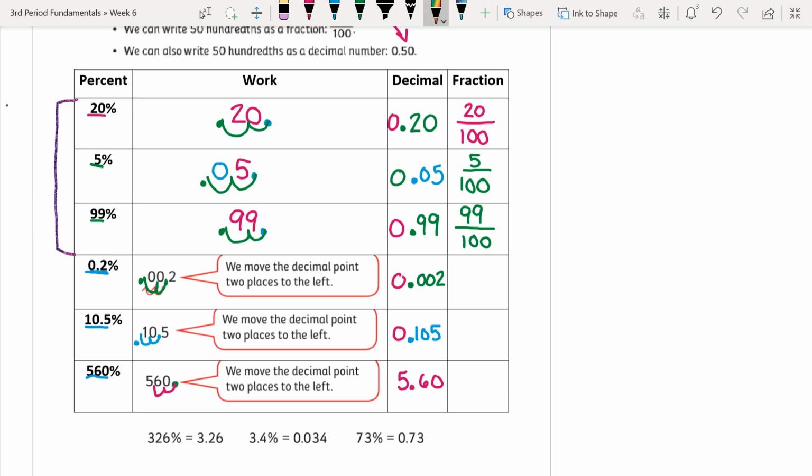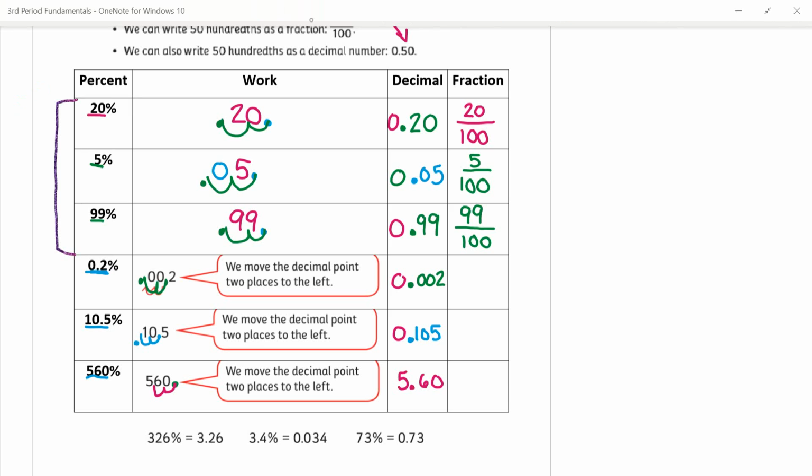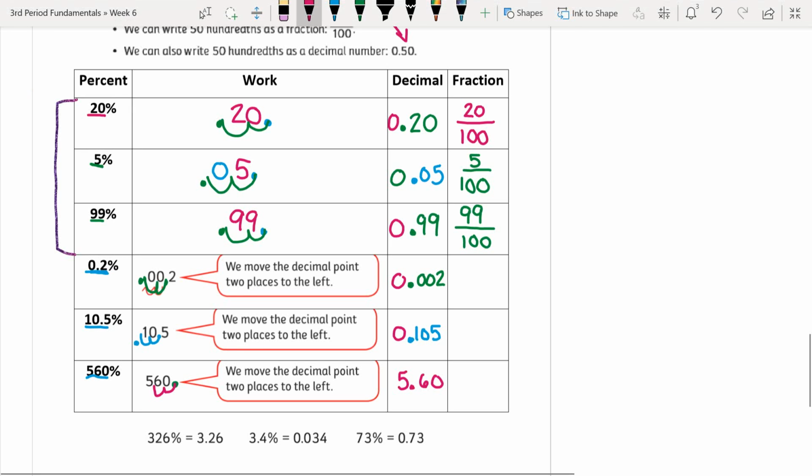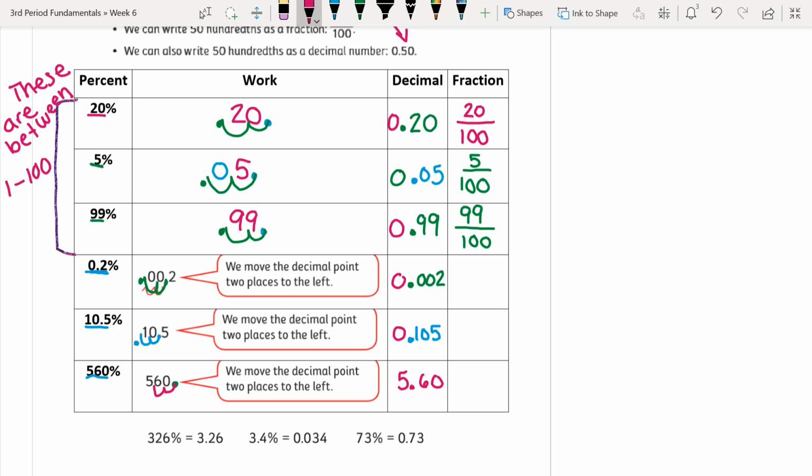And I want you to say these are between 1 dash 100.